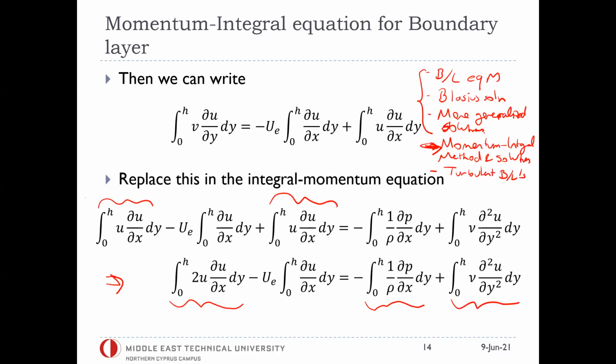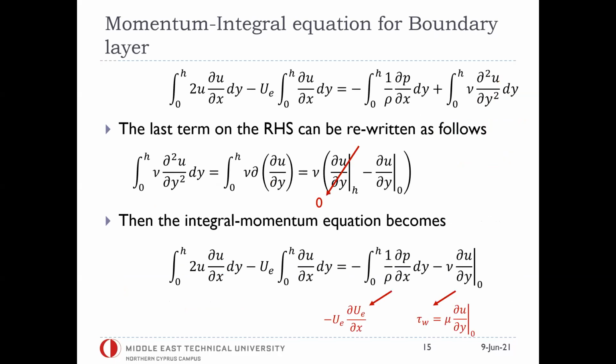So we continue this derivation. Again, our ultimate purpose is to do whatever is necessary to come up with one single simplified ordinary differential equation written for unknowns, which are the integral quantities that we just talked about. So working out the last term on the right-hand side, we are now talking about this term.